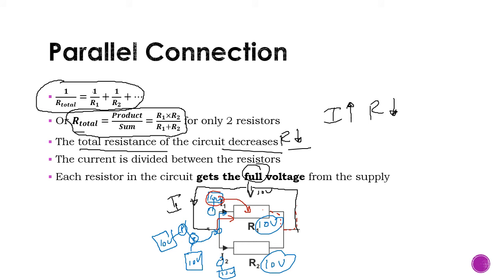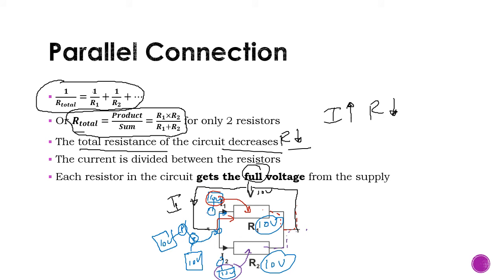The second one that went down also delivers its full 10 volts because there's also nothing else in the way. So what happens is we deliver more charges, so that we reach the full voltage for each component. Each component gets the same voltage. Okay? Good? Good.